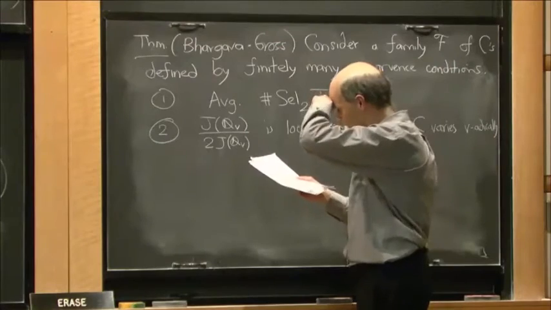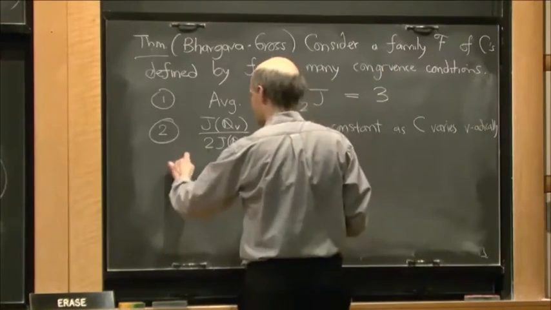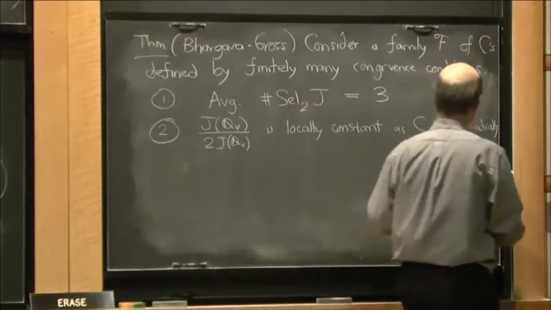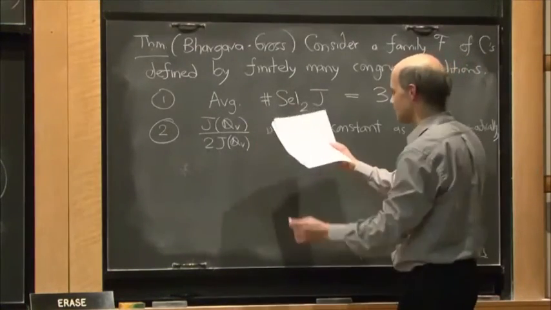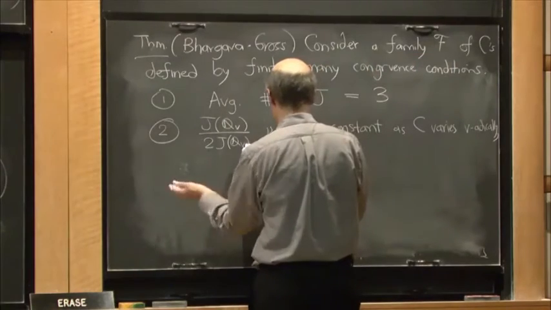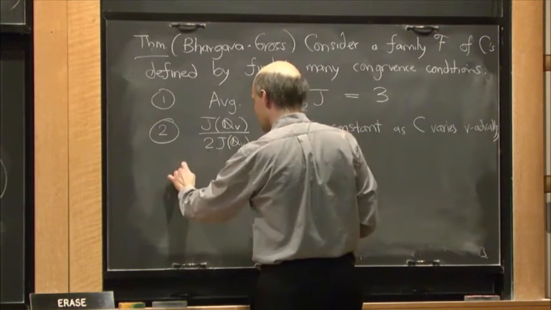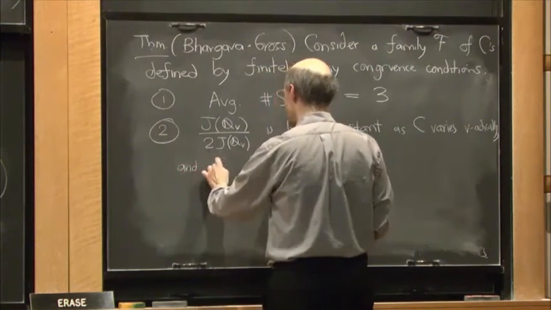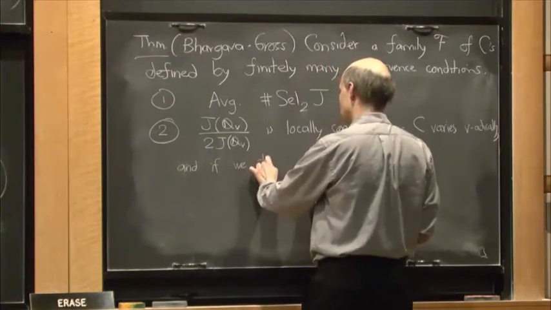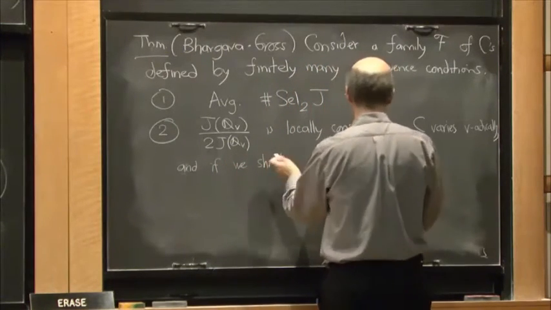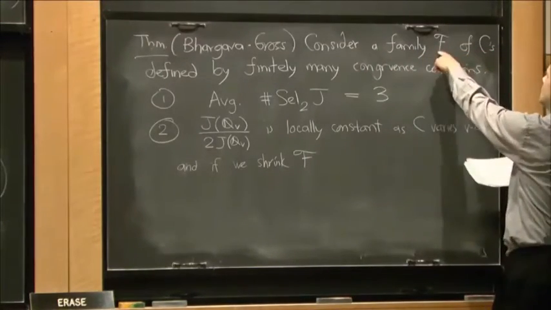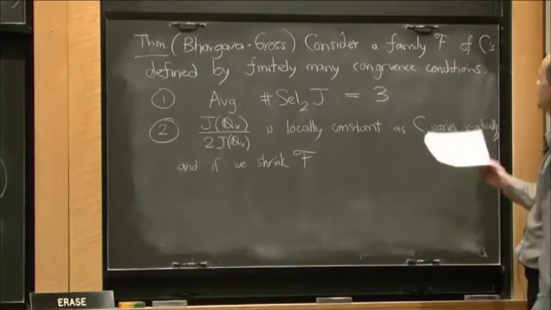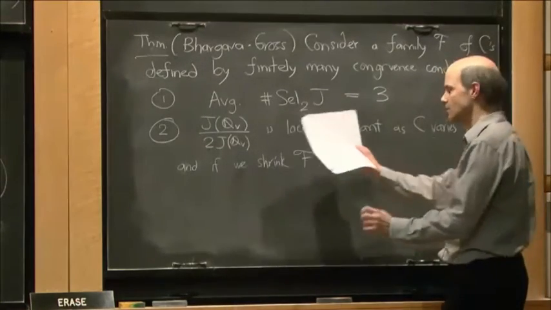All right, so I want to say first of all this is a locally constant bundle of groups over the family, and if you shrink it enough, then it's actually constant. I just impose small v-adic congruence conditions to make this family small enough that this is actually constant.